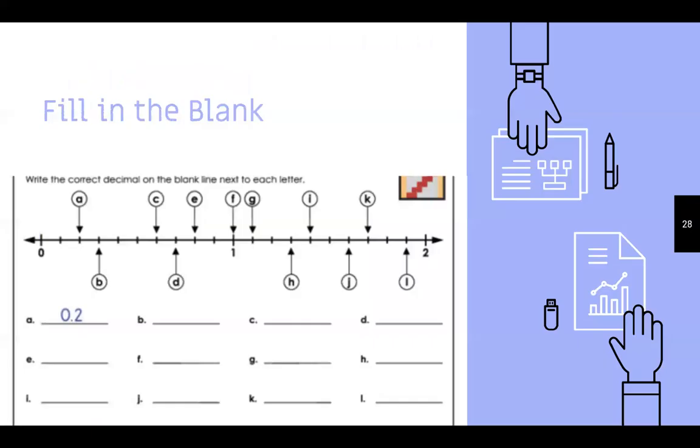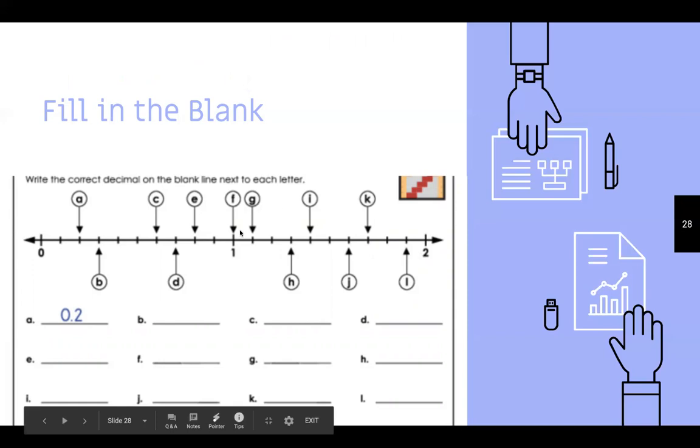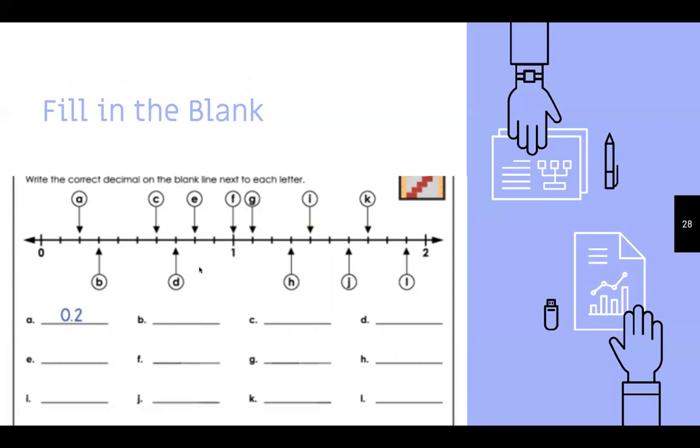So let's just try some problems. I did the first one with you. The first one is 0.2. This number line is from 0 to 2. In the middle is 1. So all we're doing is counting the ticks. 0, 0.1, 0.2. So A is 0.2.